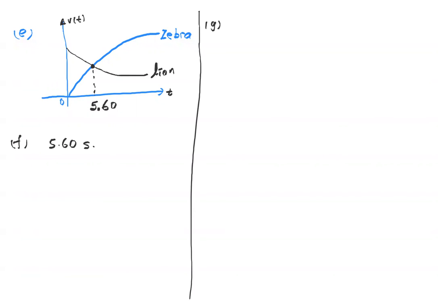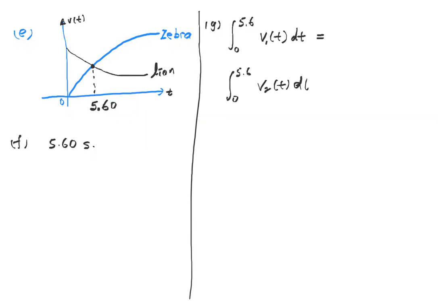You should be able to do part G. For part G, you integrate from 0 to 5.6 V1(t) dt. Okay? Then you integrate from 0 to 5.6 V2(t) dt.